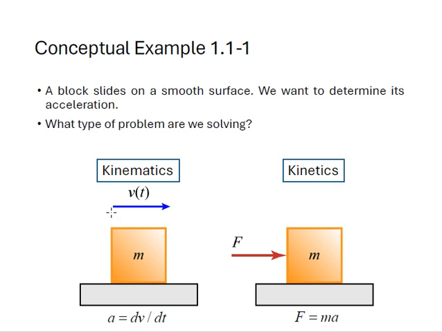This form of writing, velocity times, and then t in brackets, is actually getting into the calculus part of your mathematics. This is just telling you that this symbol represents the velocity of the block as a function of time.